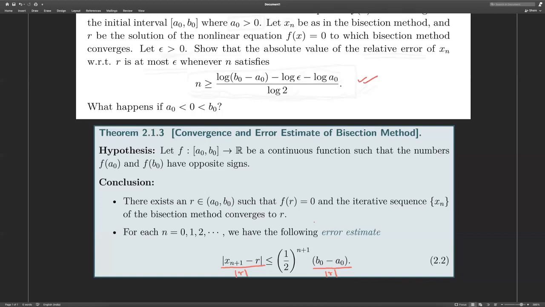What was the idea in deriving that inequality? We wanted the absolute error to be less than or equal to epsilon, and we had this inequality. Therefore, what we did there was that we imposed the condition that our right hand side is less than or equal to epsilon. Once you do that, obviously the leftmost will be less than or equal to epsilon.